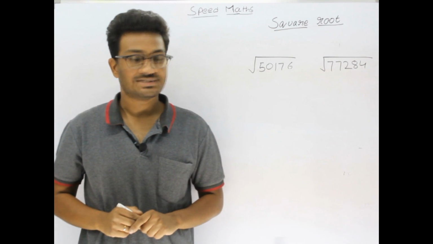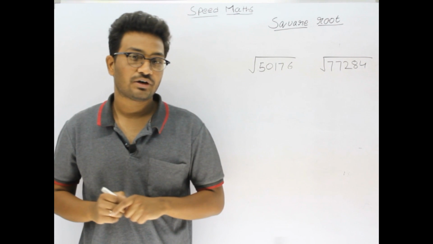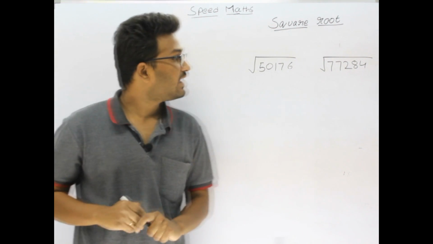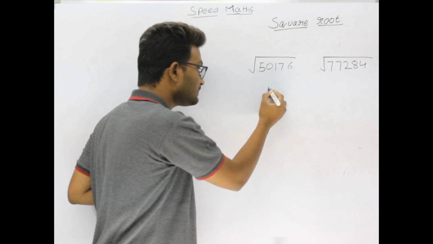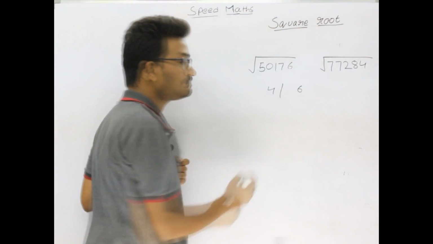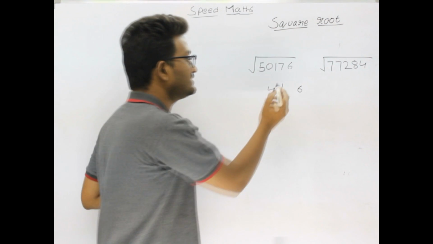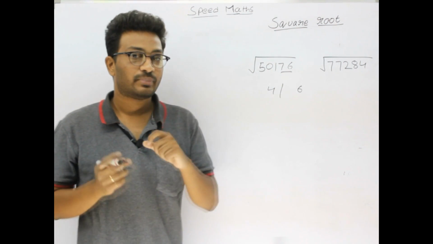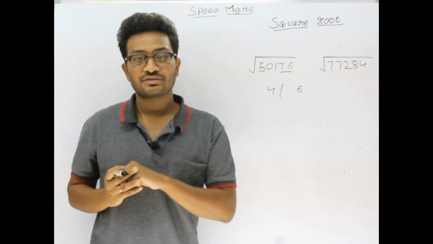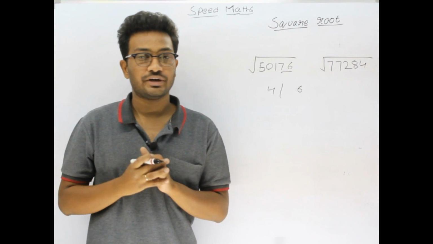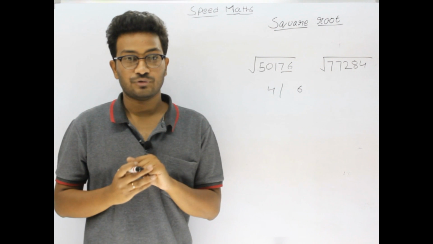Let us see some more examples. Here we have to find the square root of 50176. As the number ends in 6, the square root will end in either 4 or 6. Now leave the last two digits. What is the perfect square which is less than 501? We know that 21 square is 441, 22 square is 484, 23 square is 529.